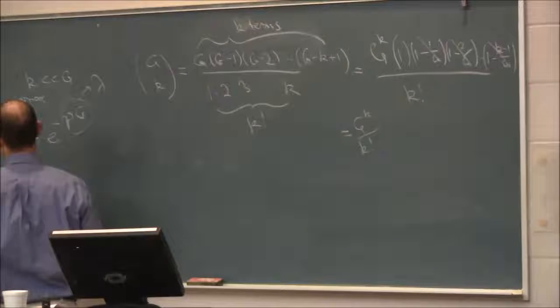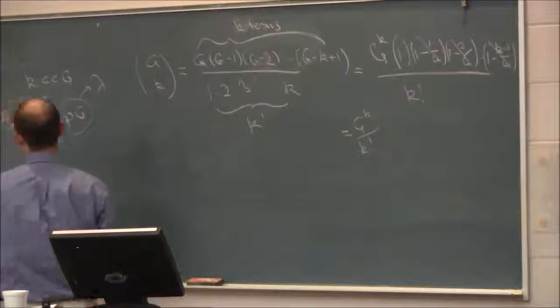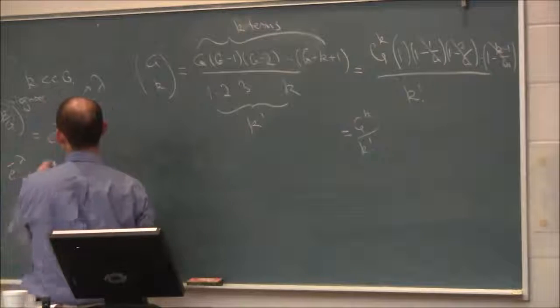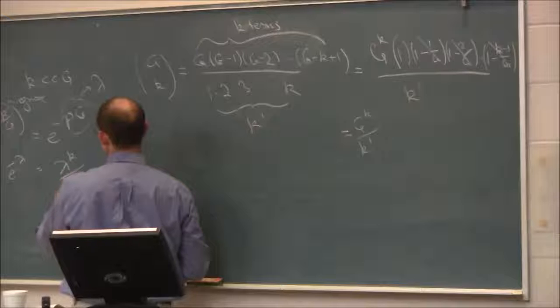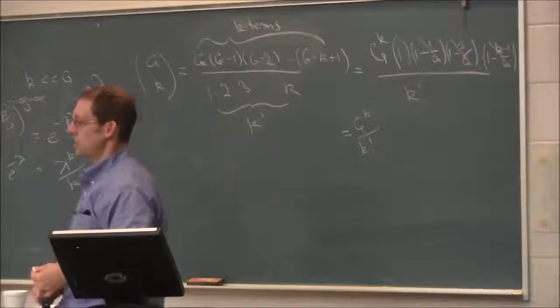So that's p to the k, and then e to the minus lambda. So that's lambda to the k over k factorial e to the minus lambda, the Poisson distribution.